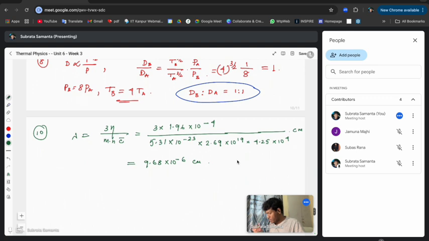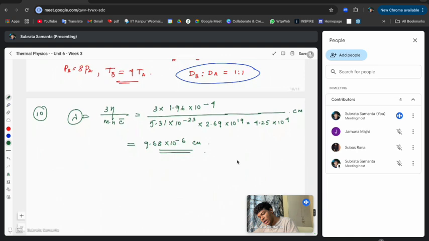Now once you know the value of the mean free path, you have to calculate the diameter and then calculate the collision cross section. So how does lambda depend on the diameter? Lambda is basically 1 over square root of 2 pi d square times number density n.